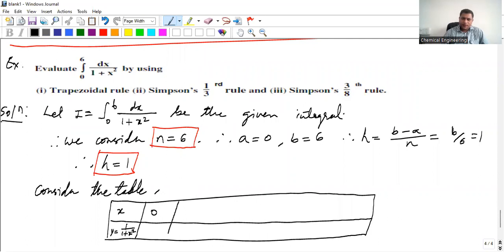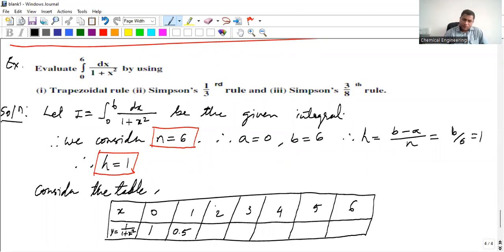The values of x are 0, 1, 2, 3, 4, 5, and 6. If we consider x is equal to 0, the x square term is 0, so it is going to be 1. If I consider 1, it is going to be half, or we can write this as 0.5.